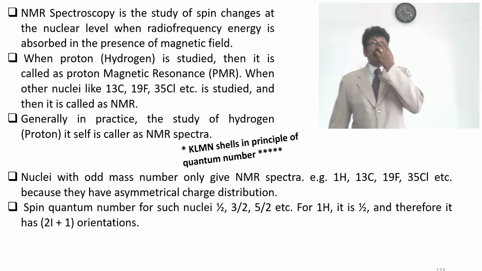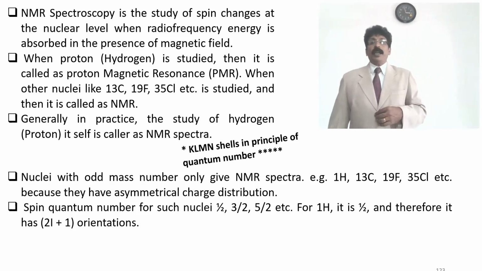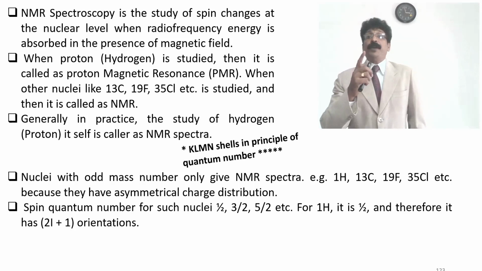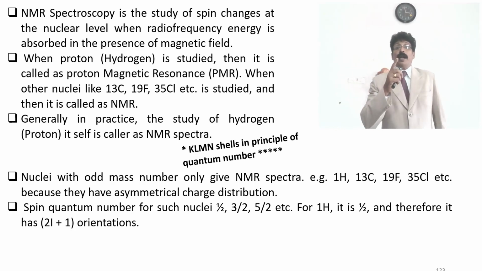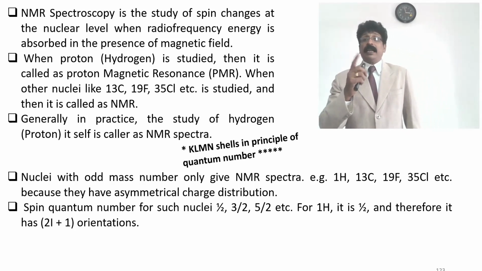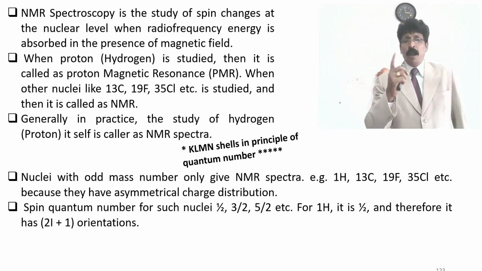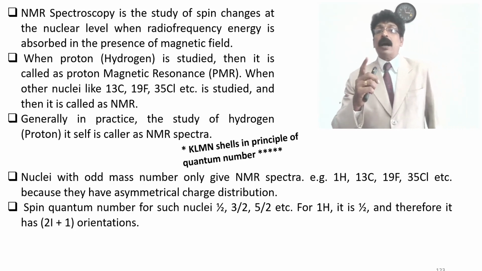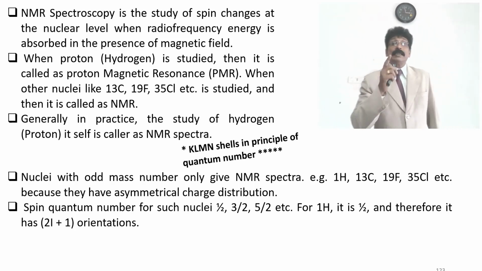Each nucleus has a spin quantum number. When you apply the magnetic field, radio frequency energy is applied to the molecule, and the spin values are half, 3 by 2, 5 by 2, etc. For 1 hydrogen, it is half.